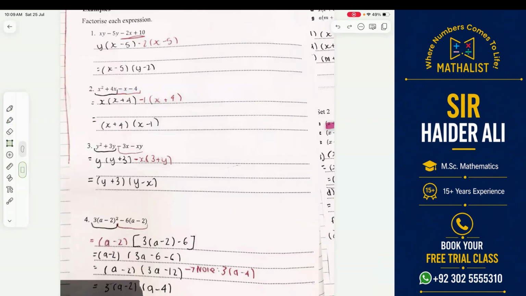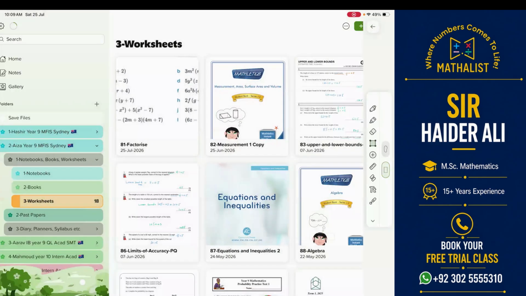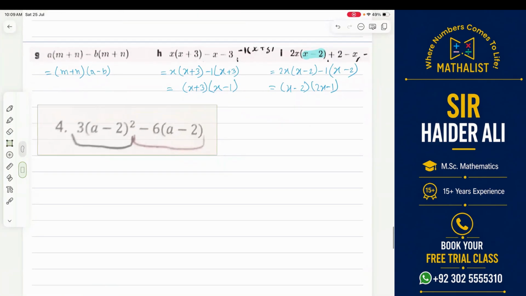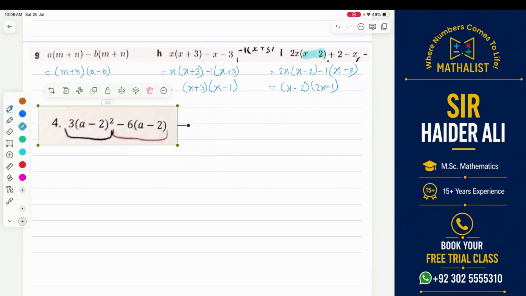I am solving the last one. What I can take common from here, it's my first term, it's my second term, and I can take common a minus 2 whole, a minus 2 and 3 also common.